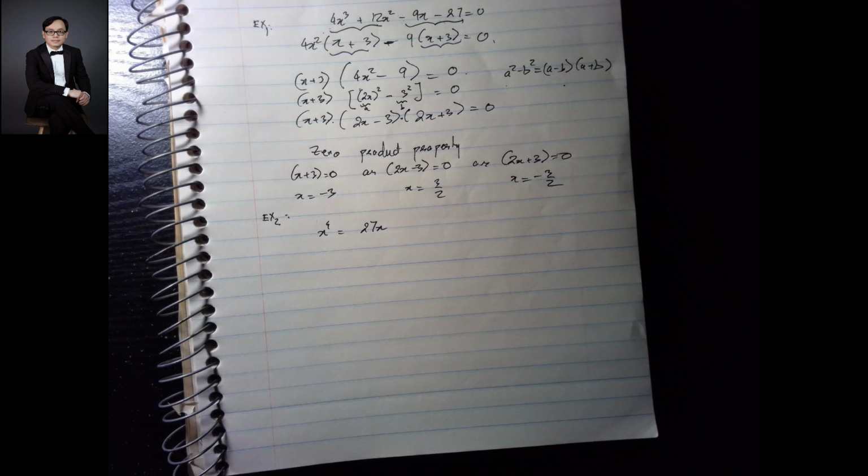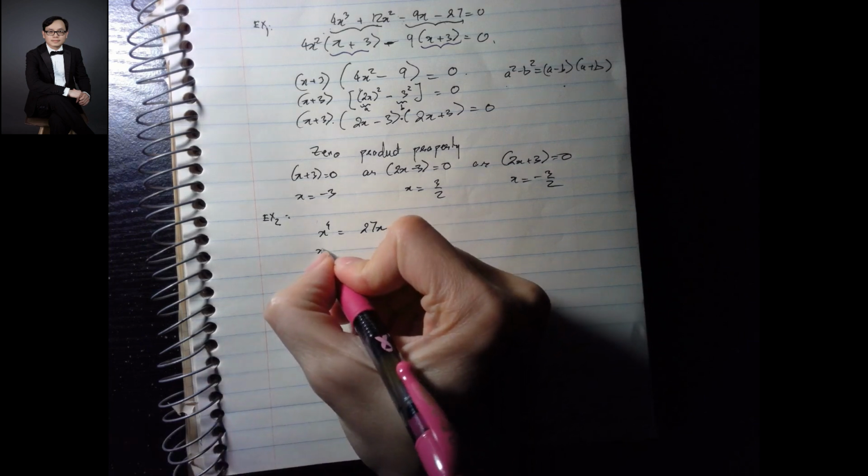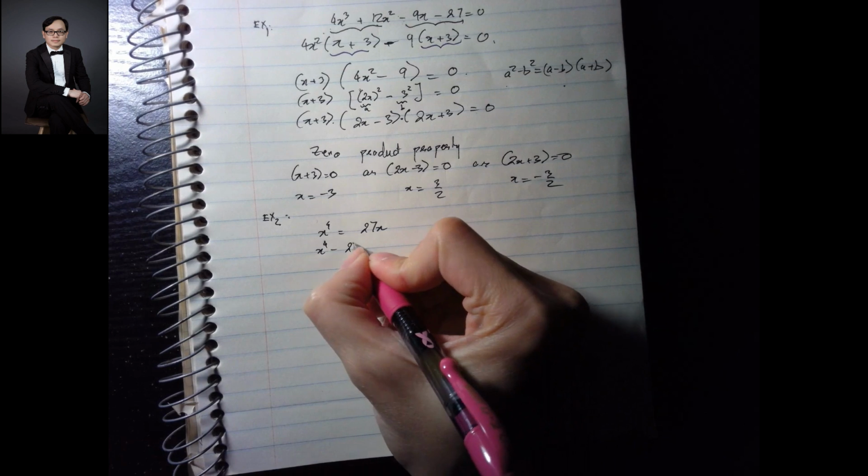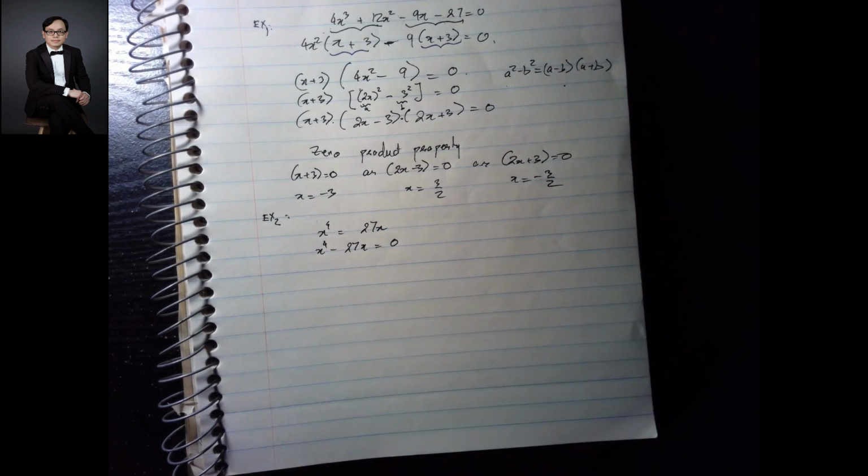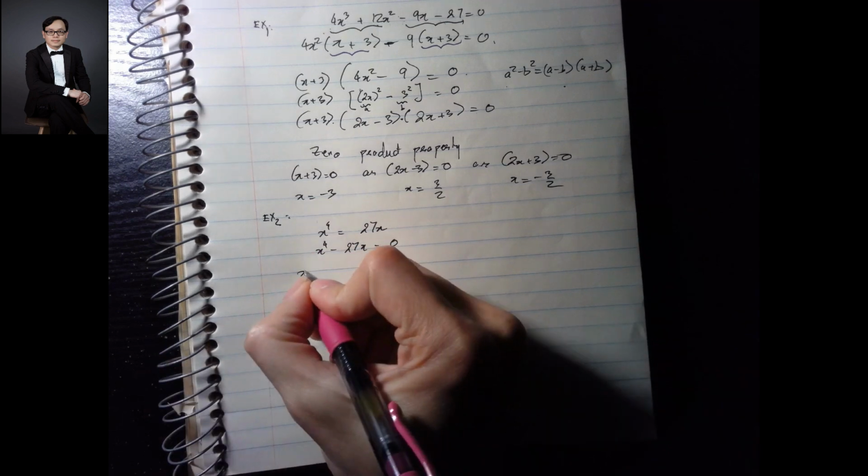That's like the rule. So let's just go ahead, subtract both sides, then factor. I want to find the greatest common factor. I want to factor this polynomial, and the way we factor, we have to find the greatest common factor.